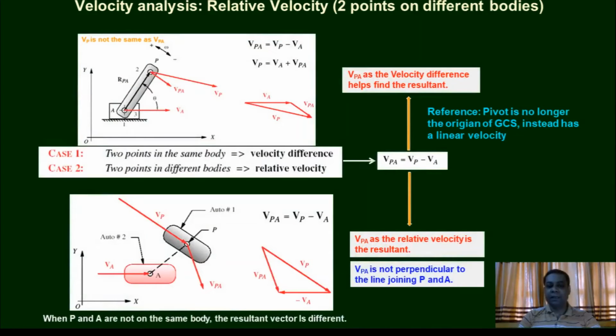So here we are seeing 2 different bodies, that is P on a particular body and A on some other body. In the same method we can analyze and find Vpa as the relative velocity, which is the resultant and which is not perpendicular to the line joining A and P.